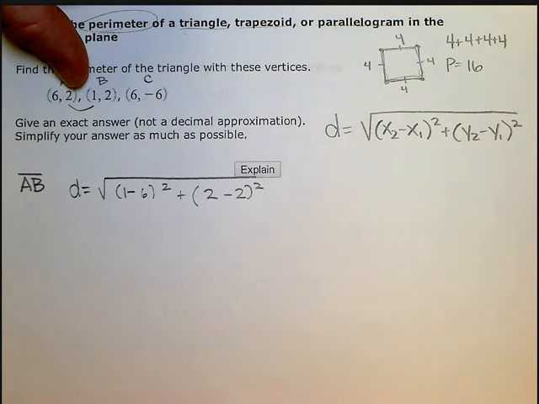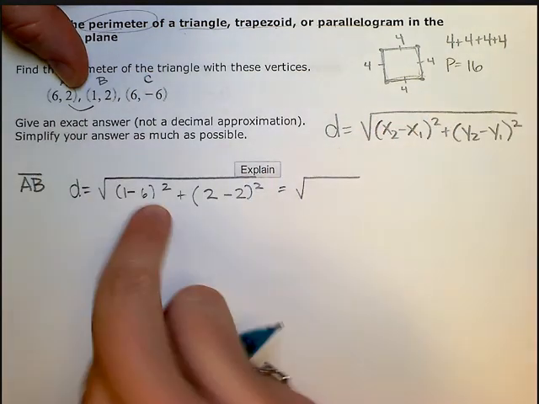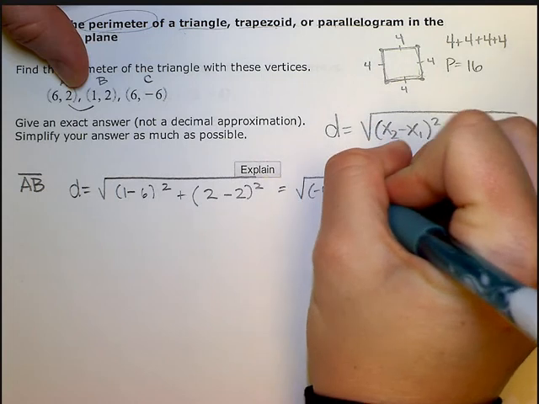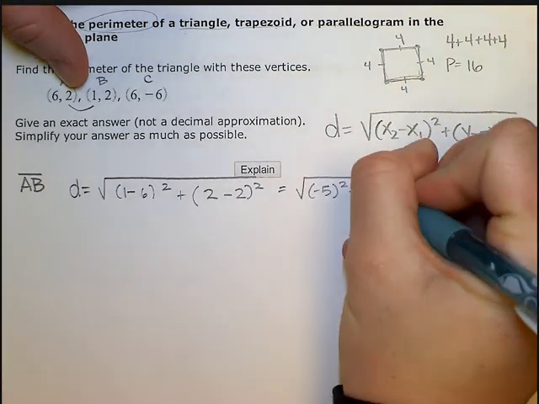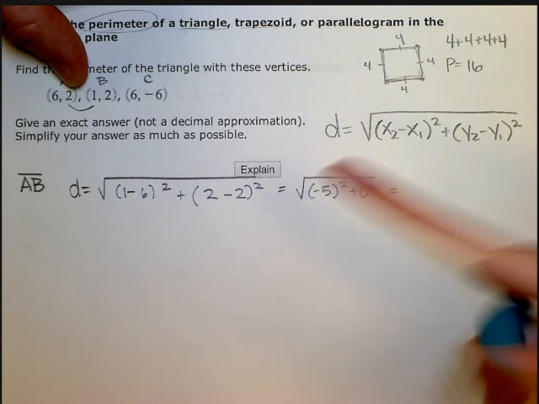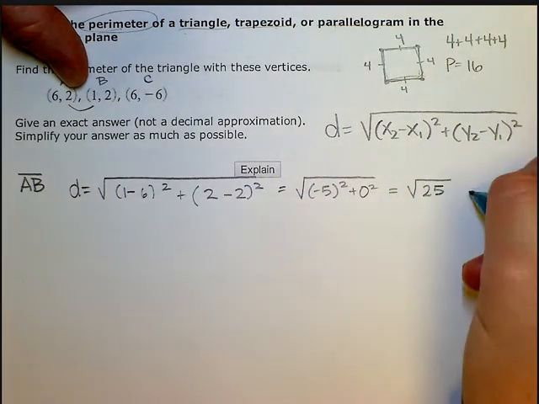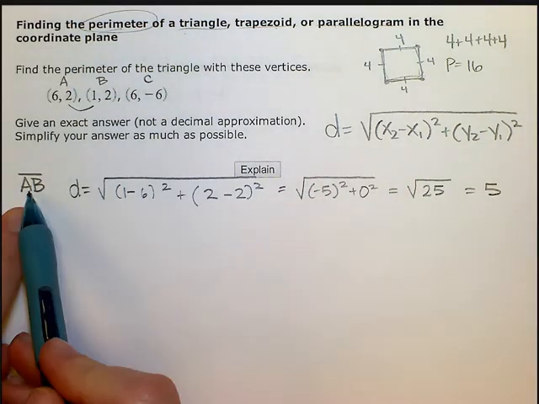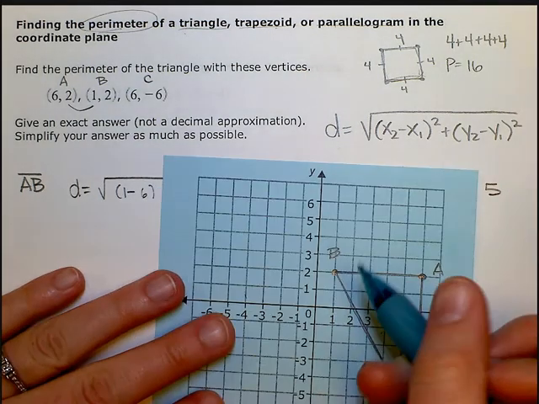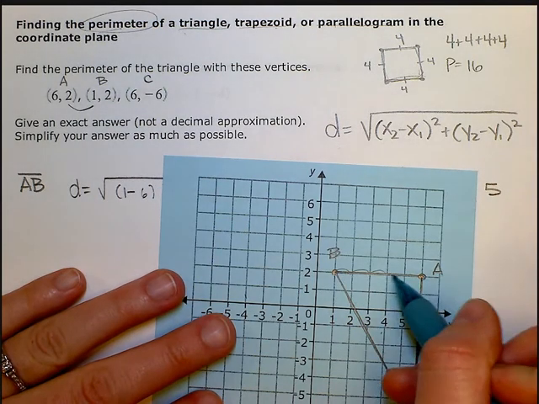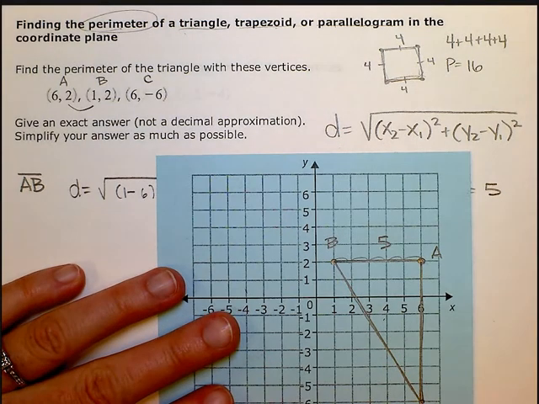Okay, so this becomes 1 minus 6 is negative 5 squared, and 2 minus 2 is 0 squared, which is really just 0. So I have the square root of 25. So the distance between A and B is 5, and I can verify that by counting my squares here. 1, 2, 3, 4, 5. Boom. The distance between A and B is 5, indeed.